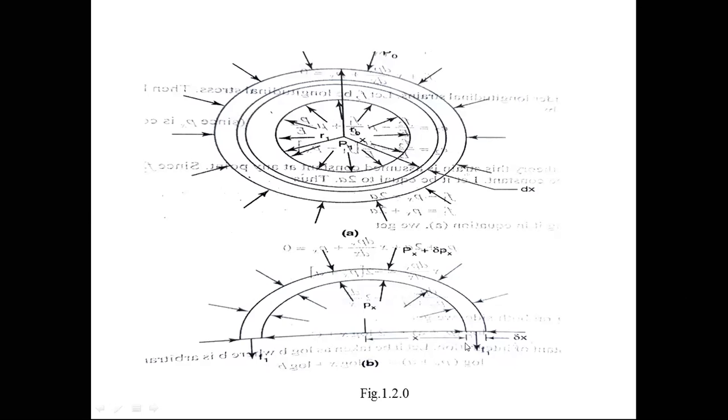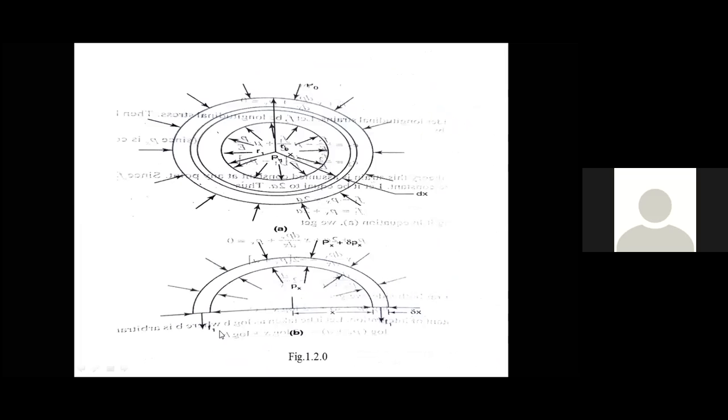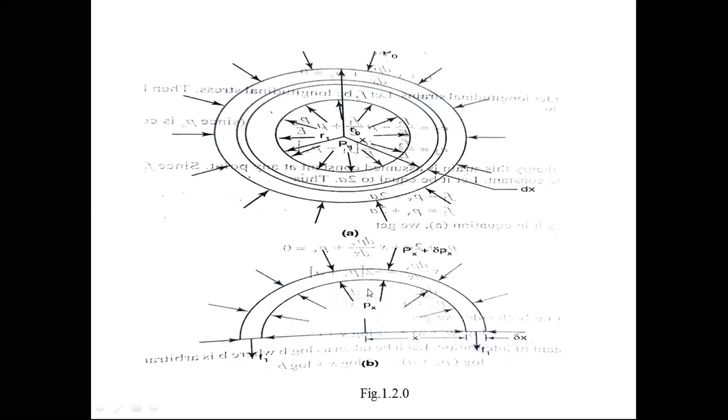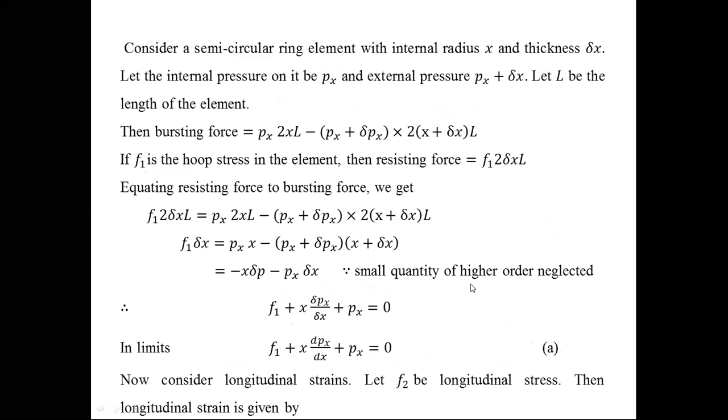I am considering x from the support, and the pressure on the elemental length is px plus delta px. The derivation is not so important, but you can copy all these things if you want the derivation.